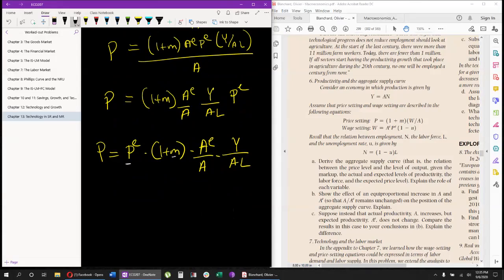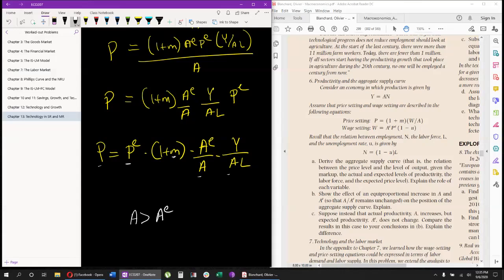What about M? If M goes up, what does that mean? That means that firms have more control in the economy, in the market. If they have more control, they will charge a higher price. So price goes up. What happens when technology goes up, or rather in this case, when A is higher than AE, when the progress in technology that we were expecting has not happened?